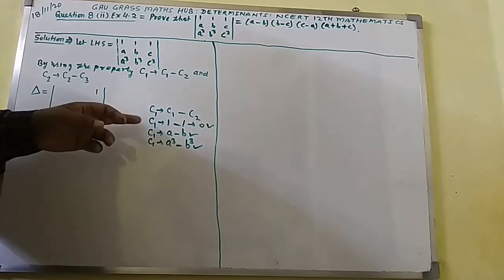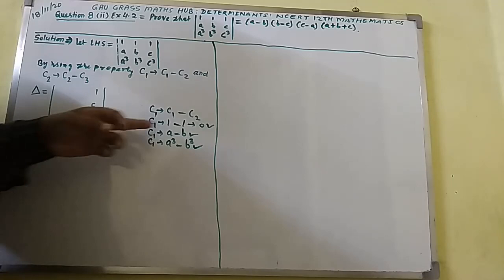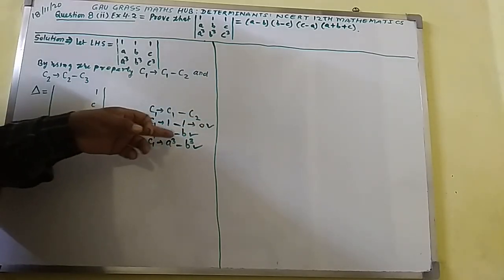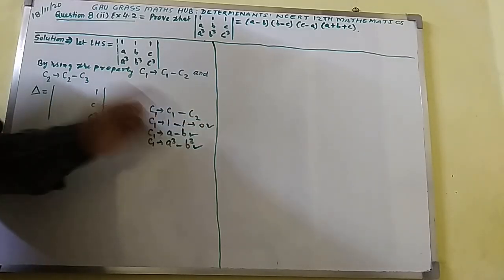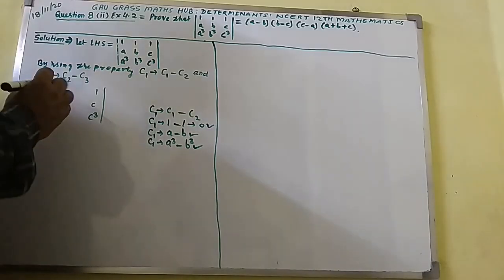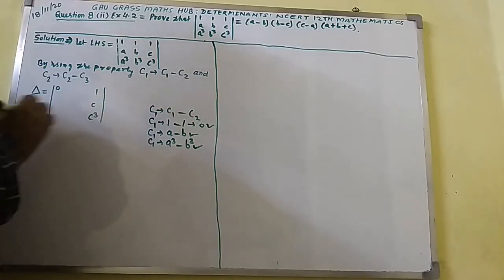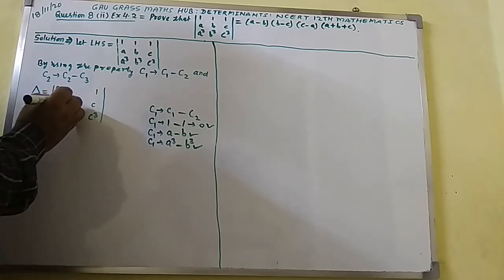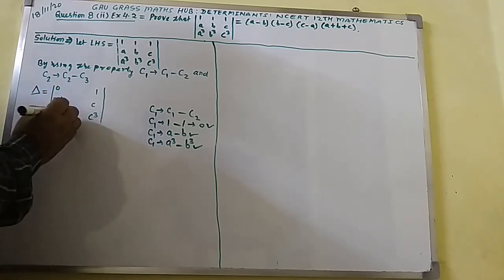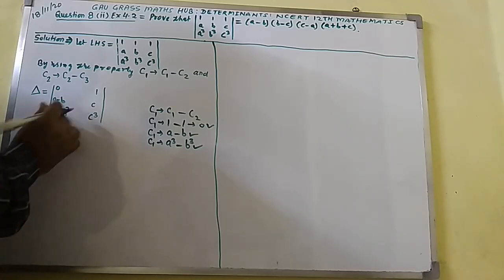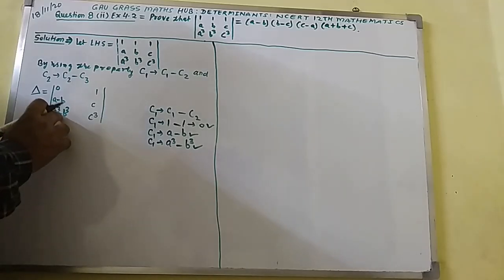Then the elements of the first column will be 0, a minus b, a cubed minus b cubed. So I am going to write the elements of the first column: 0, a minus b, a cubed minus b cubed.